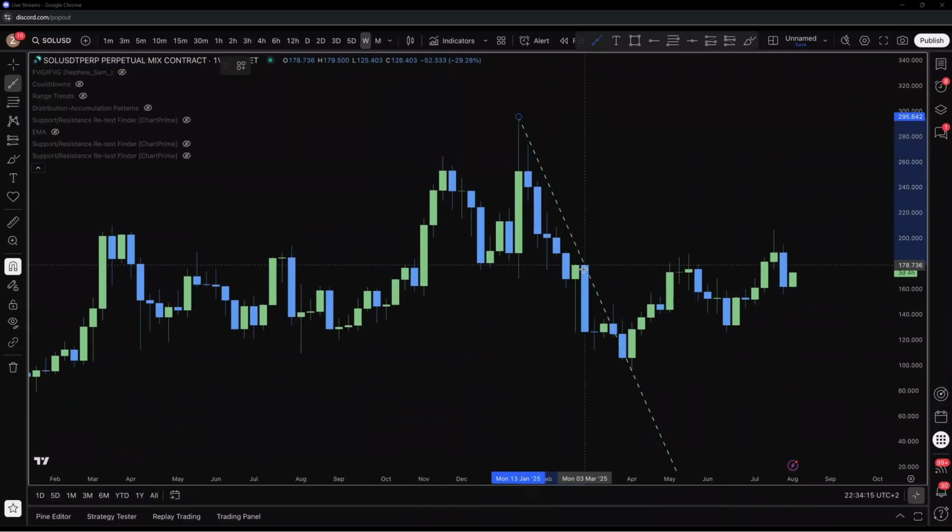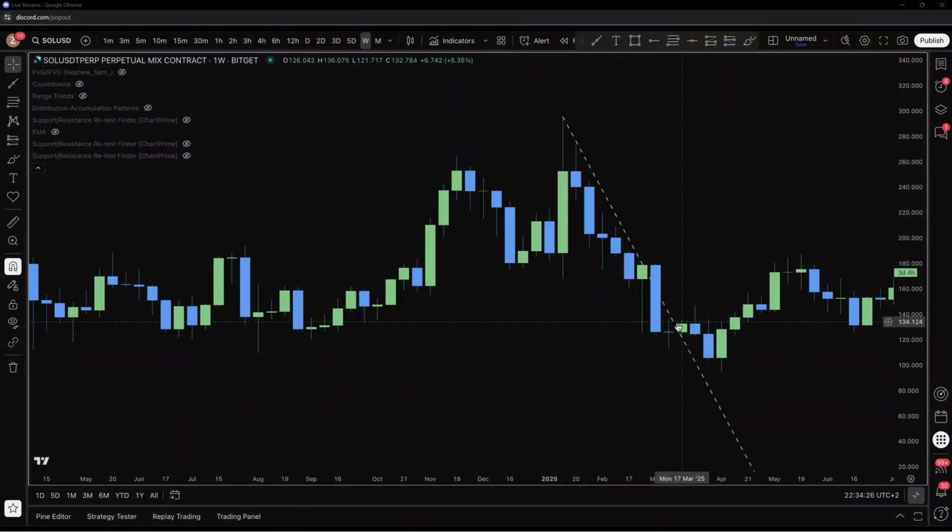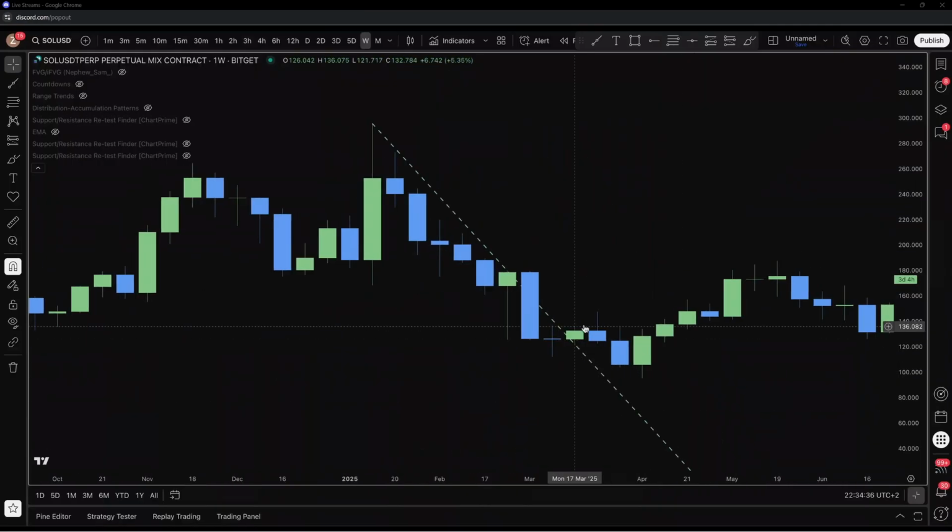But if we were starting here, I don't know how basic to be. Everyone knows, if the candle doesn't hard close the trend, then that's not an arrayed trend point. So this one can go to here, but it cannot go to here because this has not hard closed the trend.